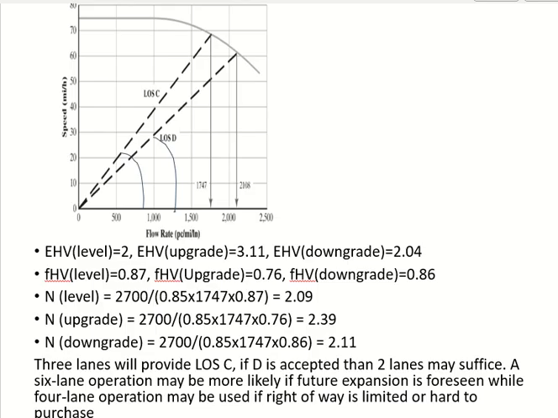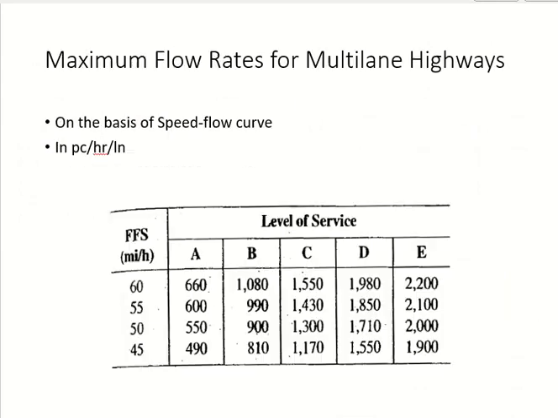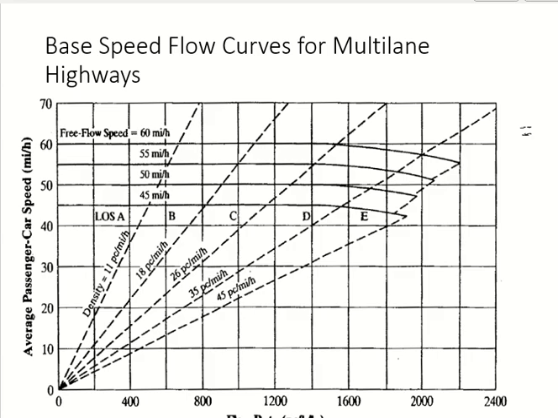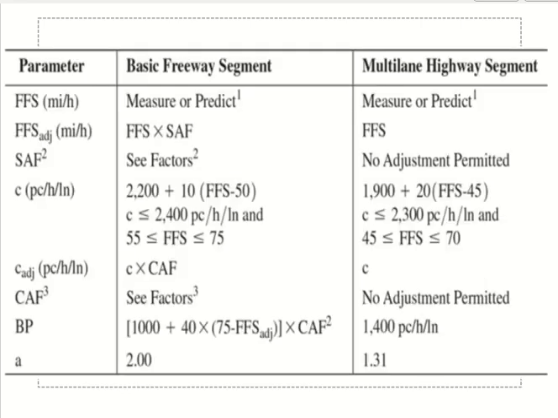One thing which I should have mentioned: when you are calculating SC, the critical speed, you use this equation, right? Free flow speed, you know. DC, this one, capacity, you know. A is given in the table, so A is not a problem.